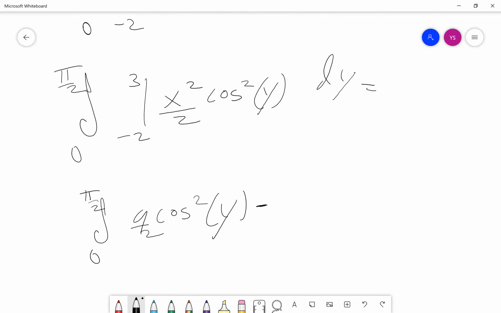so if we put the -2 into our x squared, we get just 2 squared over 2 times cosine squared of y. And then we're still taking this with respect to y.